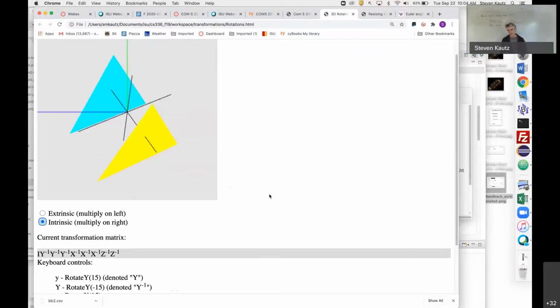I'm telling you that because this is how I started my trial and error process to figure out whether I can deduce what those angles should be by playing around with this. Anyway, let's pause for questions or comments.